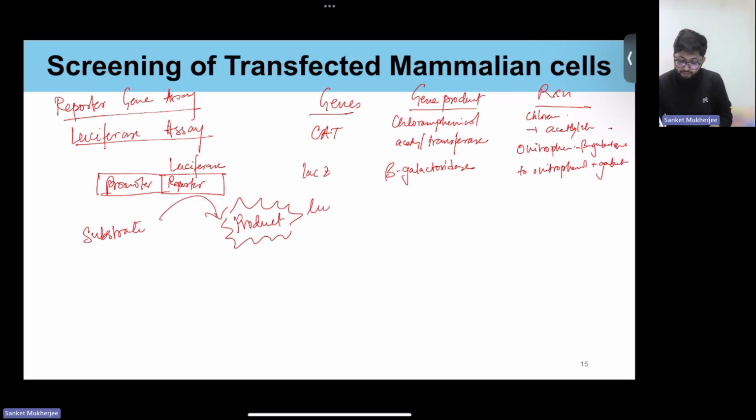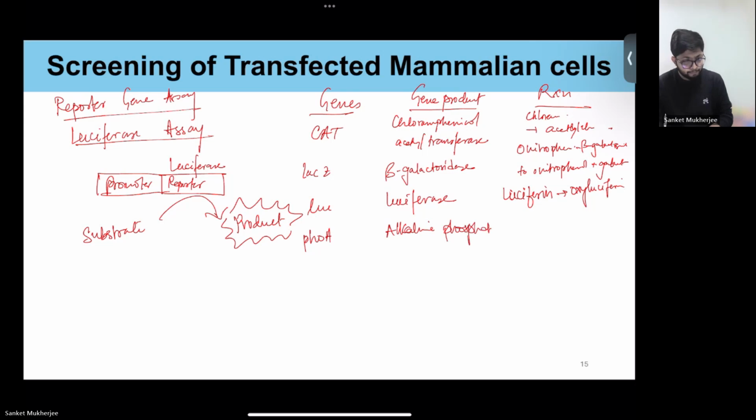Similarly, Luc is for luciferase. It converts luciferin to oxyluciferin. Similarly, alkaline phosphatase is also there. It releases inorganic phosphate. Then GFP, green fluorescent protein. It gives fluorescence.